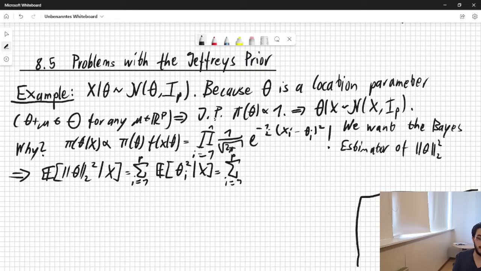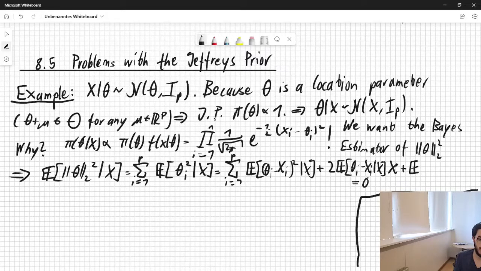We would much rather have theta i minus xi, because that's its mean, plus 2 times the expectation of theta i minus xi given x times x, but this part is just 0, because we subtracted the mean, plus the expectation of xi squared given x, so this is just xi squared.